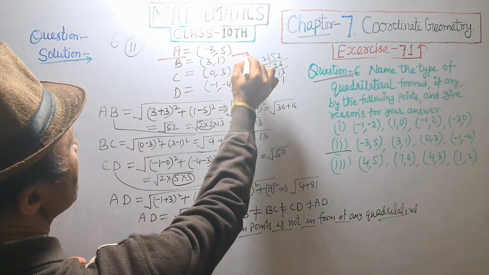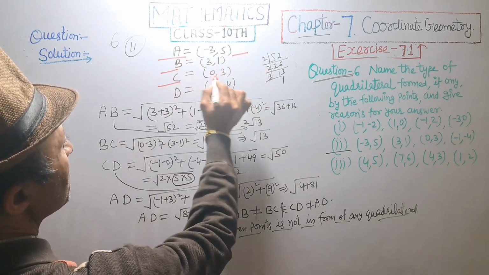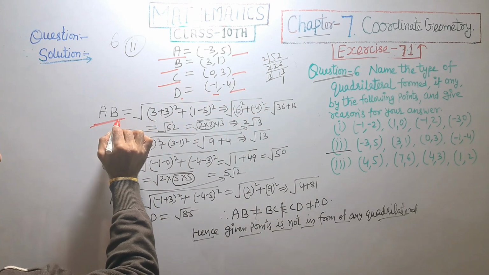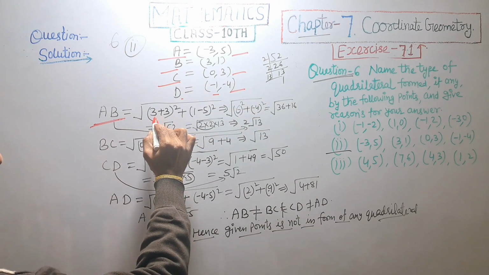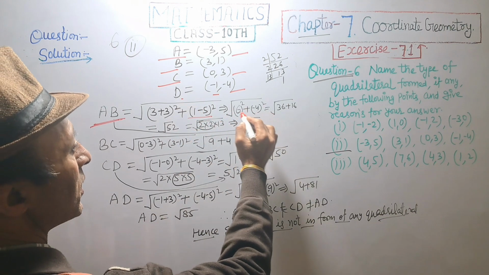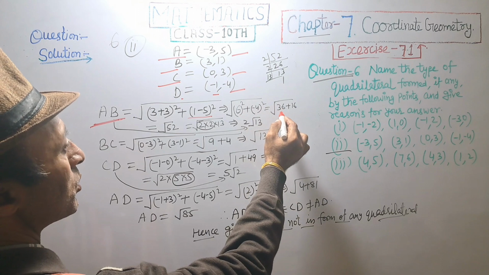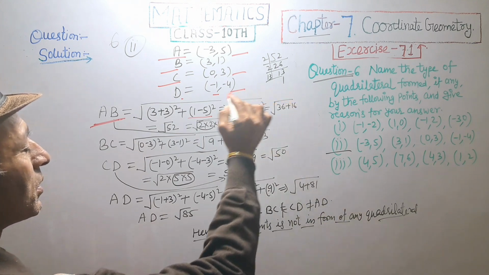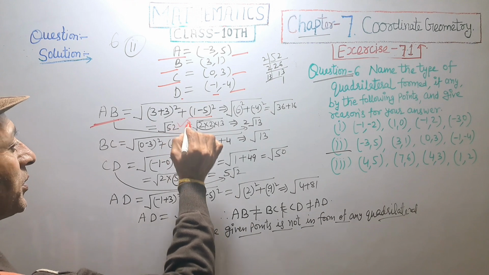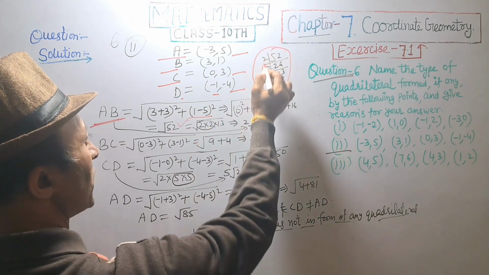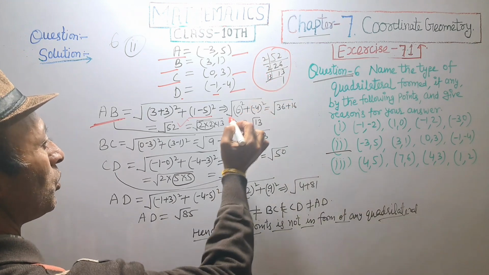Given A is minus 3, 5, B is 3, 1, C is 0, 3, D is minus 1, minus 4. So by the distance formula, AB is equal to (x2 minus x1) square plus (y2 minus y1) square, that is 6 square equal to 36, 4 square equal to 16, and the addition of 36 and 16 is 52, and the prime factorization of 52 we get 2 into 2 into 13.